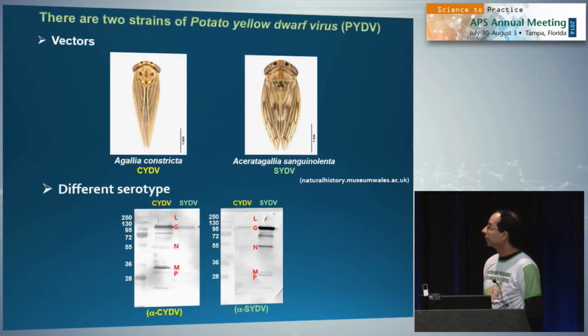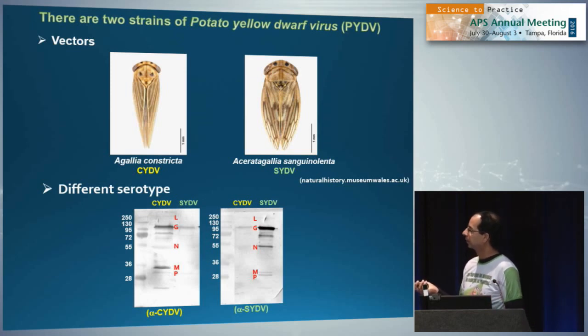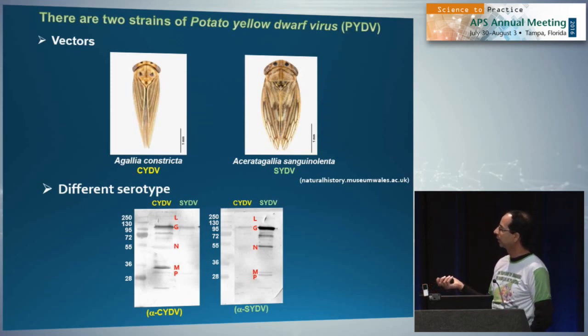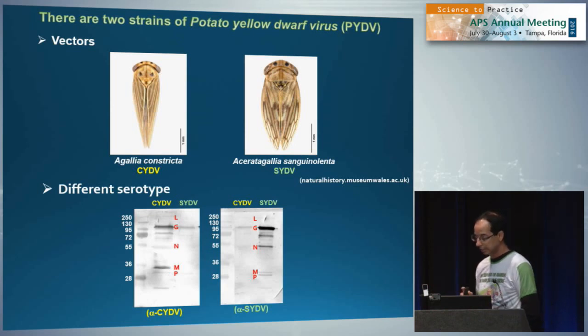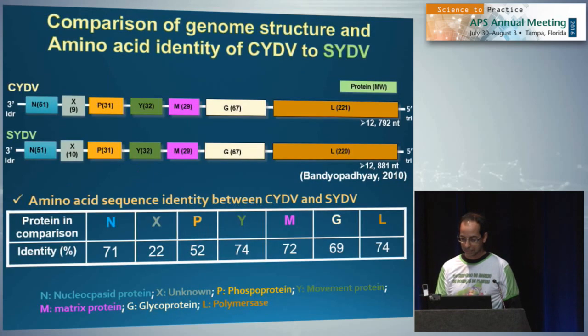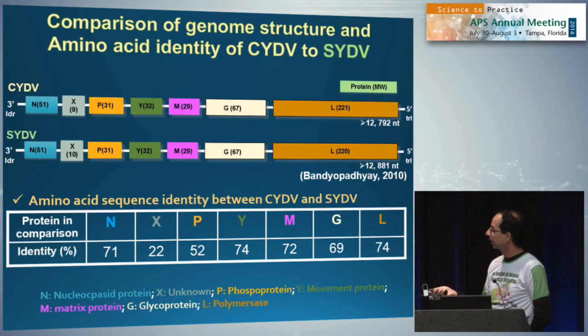Okay. So potato yellow dwarf virus, there are 2 strains differentiated primarily by their vectors. One I'll call CYDV, and the other I'll call SYDV, and they can be differentiated antigenically. We sequenced the SYDV strain some years ago, and just recently did the CYDV strain.